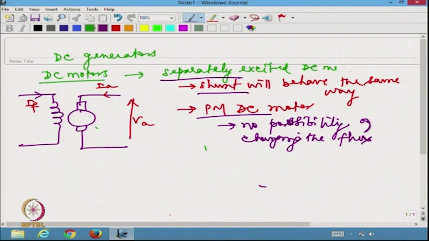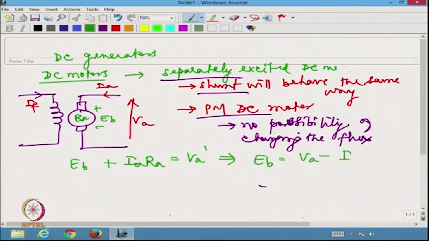We also talked about the torque speed equation. If you may recall, we said that if we are applying VA here, this is the back EMF and the inherent resistance is RA. So, I can write EB plus IA RA equal to VA. So, I should be able to write EB equal to VA minus IA RA.